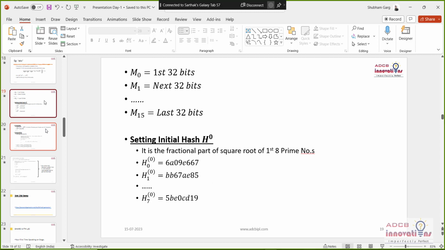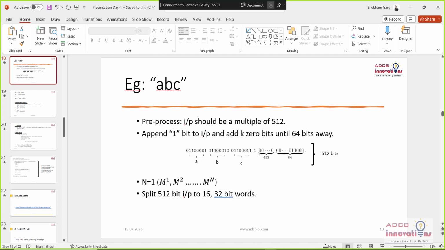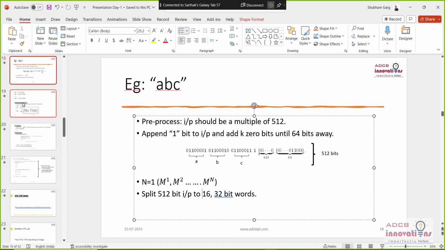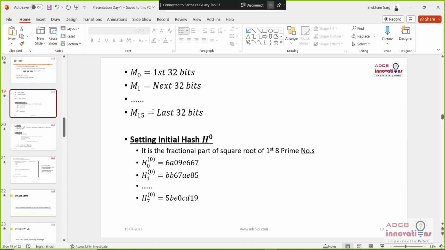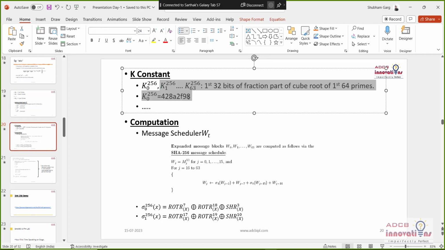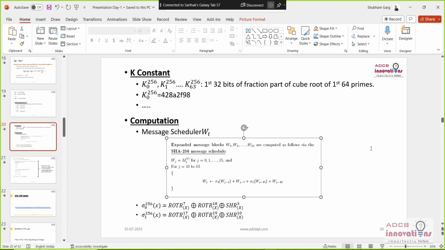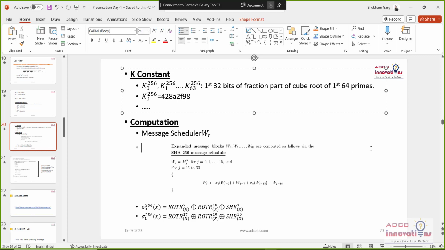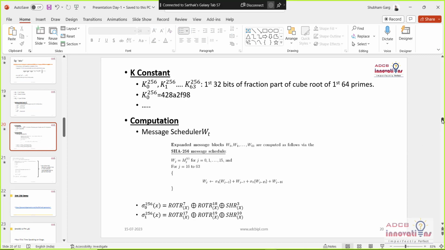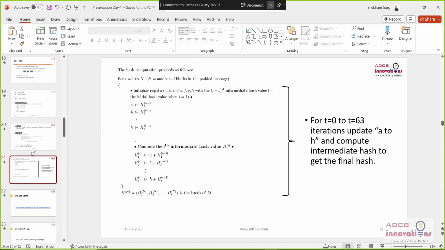We can see here that we have successfully split our message into 16 32-bit words, that is M0 till M15. We have set up the initial hashes and the k constants, the first 32 bits of the fractional part of the cube root of the first 64 primes. Now we are talking about the computations, that is how the m values are being provided to the word registers up to W63, because we have M0 to M15 only, and there are 64 word registers.